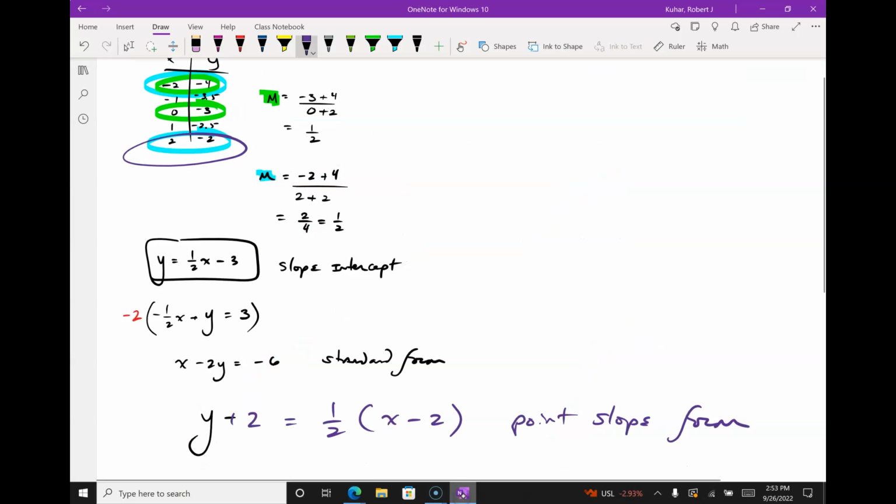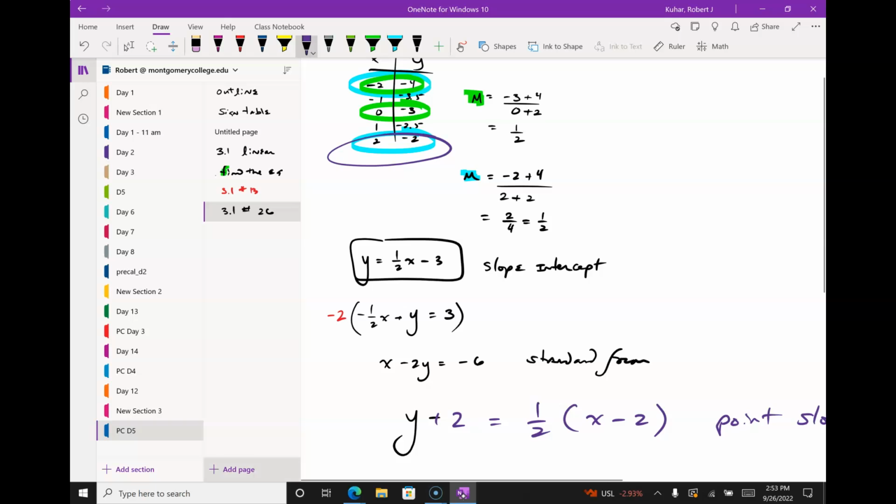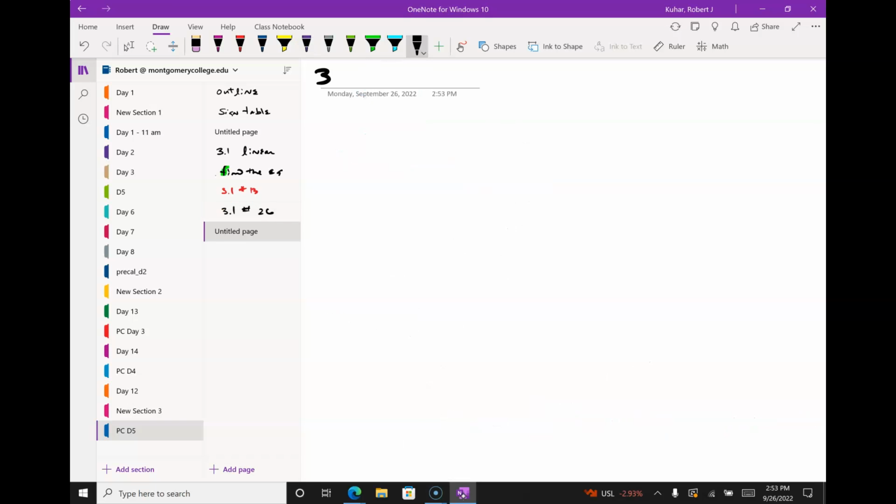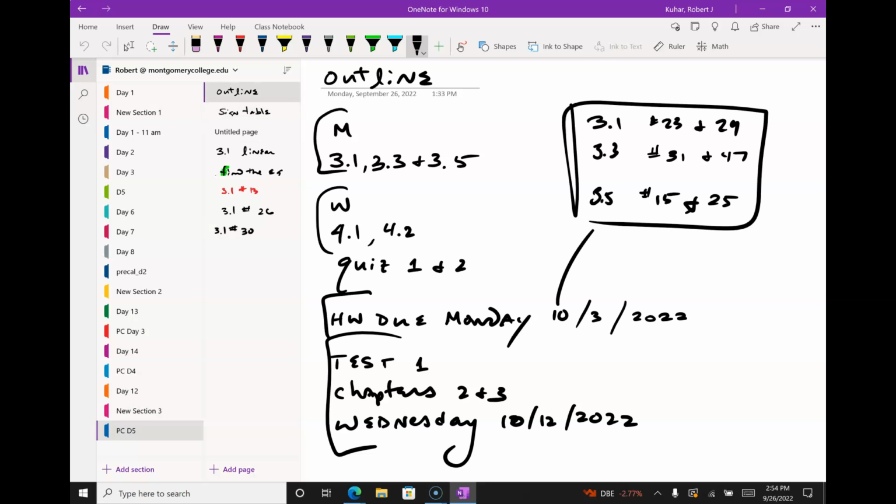Graphically and algebraically. So 3.1, this is our last problem in 3.1 today, number 30. Your problem for homework is 29, okay? Yeah, 3.1, 23, 29.